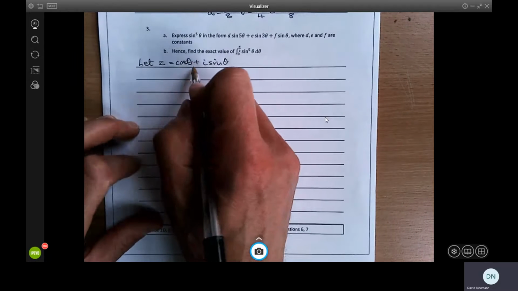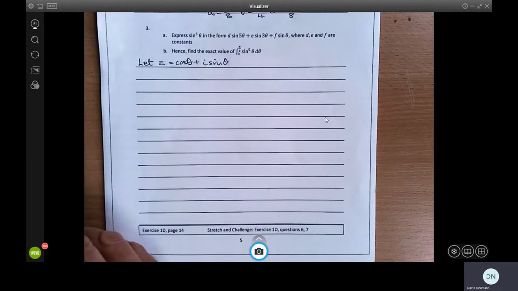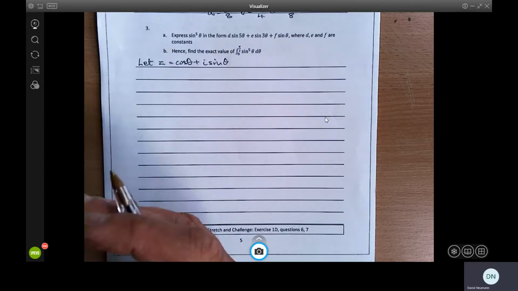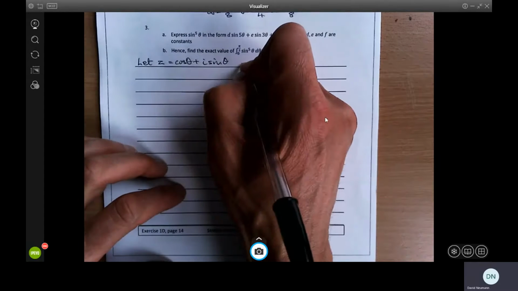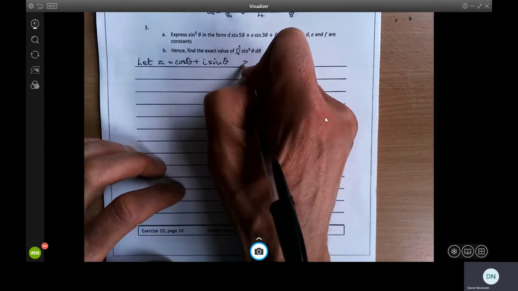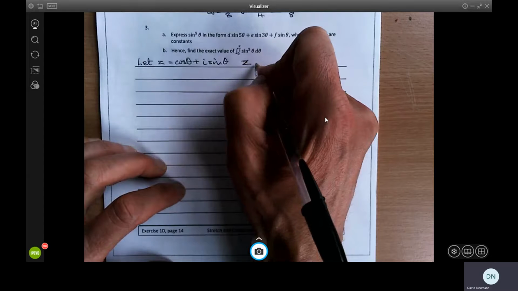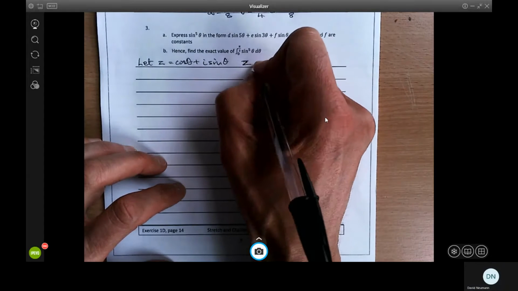Please try and do this at the start of every question. It makes it very clear to anyone marking your work that you know what z means, and it also helps you to keep in mind what you're working with.